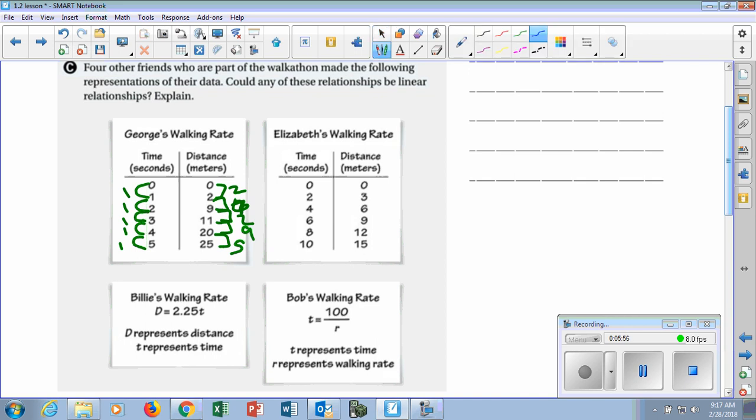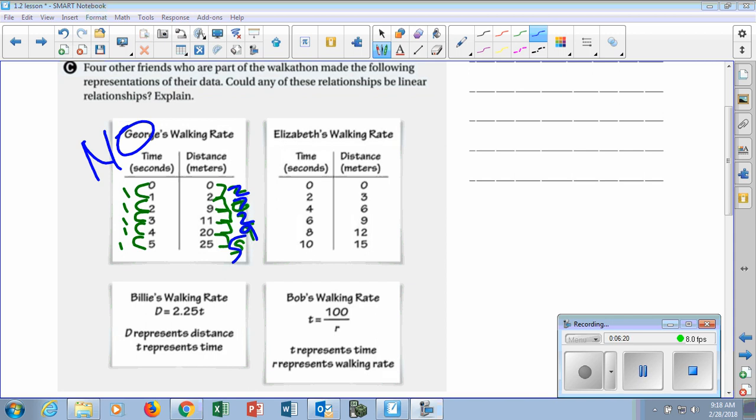No. So we would write just a big NO next to it to say, no, this cannot be a linear representation. And we just showed why, because 2, 7, 2, 9, and 5. So showing that tells us that it is not a consistent rate.